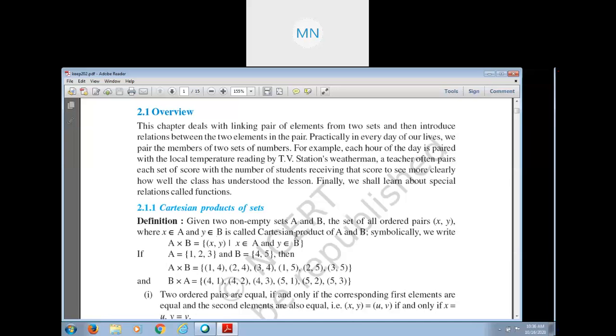Now is it clear? Yes, ma'am. MAI students, is it clear now?